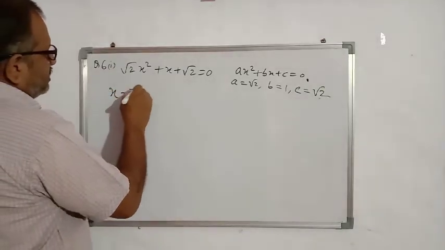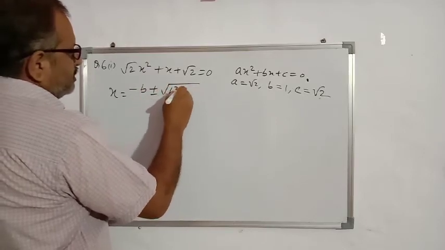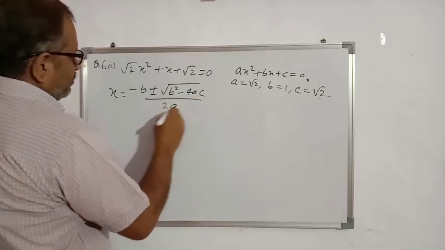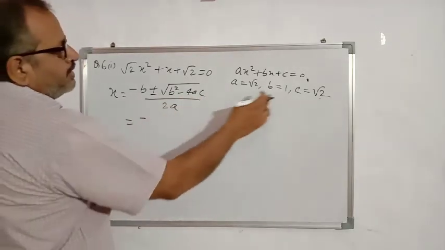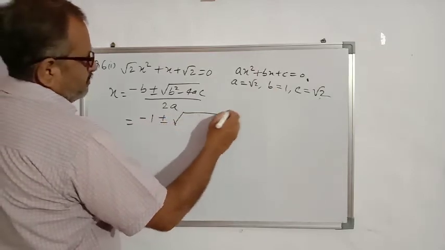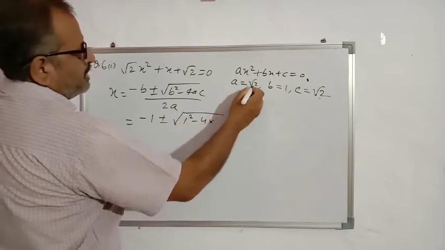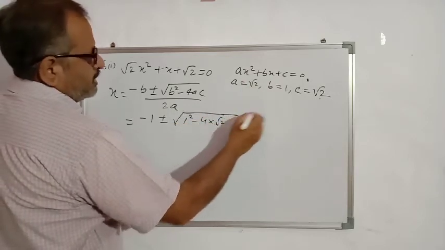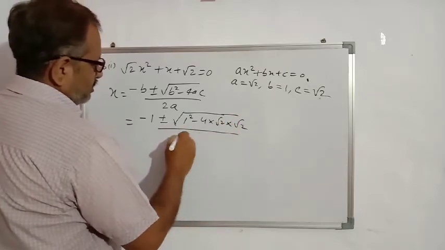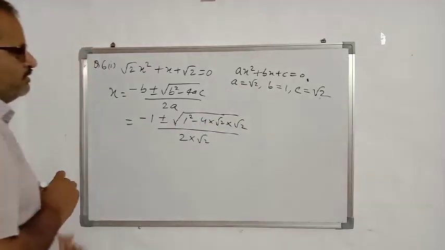What is x? x is equal to minus b plus minus under root b square minus 4ac, by 2a. b is 1, so minus 1 plus minus root of 1 square minus 4, a is root 2, c is also root 2, upon 2 into a, which is root 2.